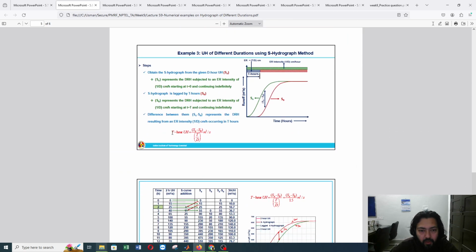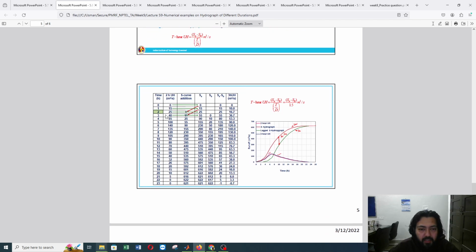To derive a unit hydrograph from the S hydrograph, we need to use this equation. We need to subtract the ordinate of the first S hydrograph, SA, from SB, which is the ordinate of the S hydrograph after a time lag T. The first two columns are the given data.